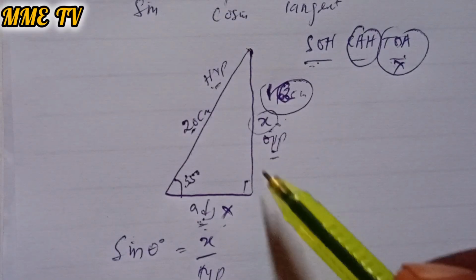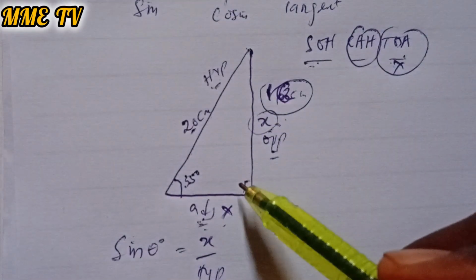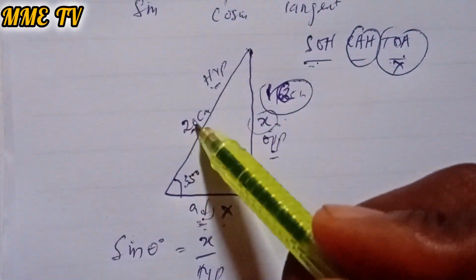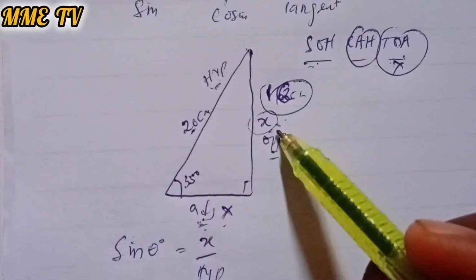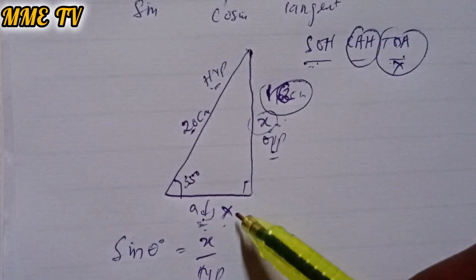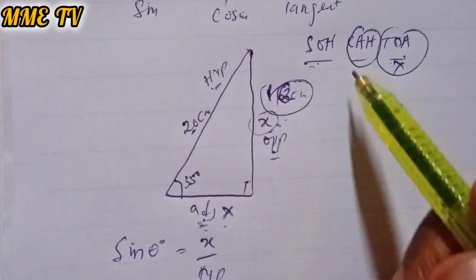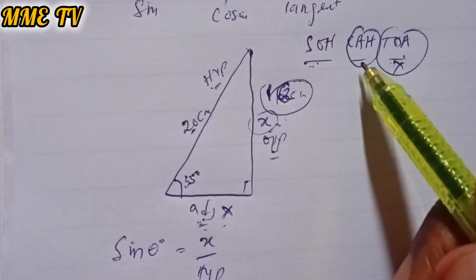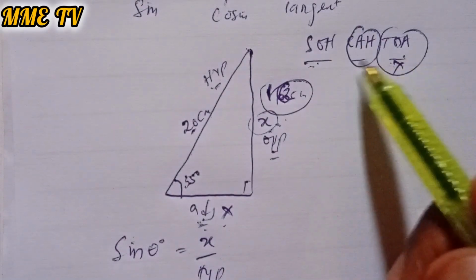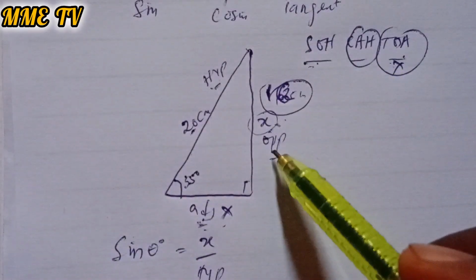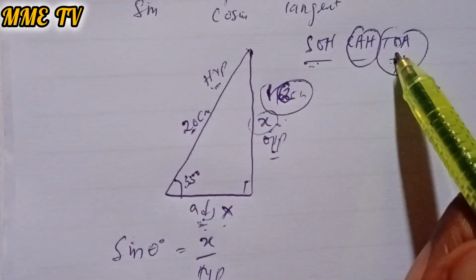So in a case that you're being given this, and assuming that this side is not given at all, but here is given, what are you supposed to use to solve this? When you look at what we've derived already, which is SOH CAH TOA, it is between these two, right? Then the opposite has to do with TOA.